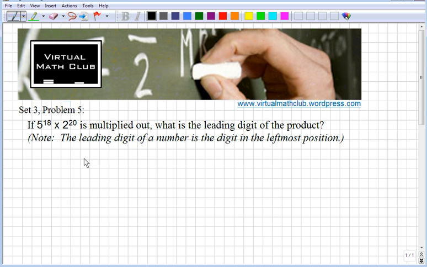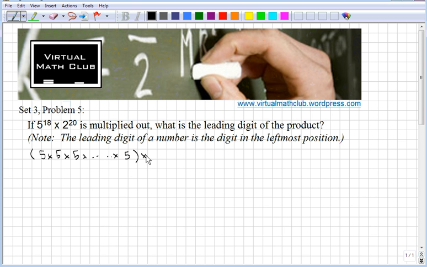All right, so my hint to you is, first of all, remember the definition of an exponent, that 5 to the 18th just means 5 times 5 times 5 times 5 times 5 times 5, 18 times, okay? So we'd have 18 fives multiplied out. And the same way for 2.